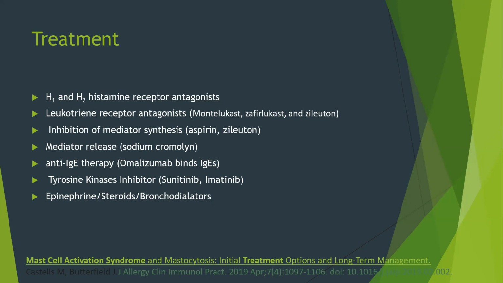And then when there is an acute situation, which frequently people for more or less no reason will have hives, develop hives or angioedema or even a full-blown anaphylactic reaction, then you want to treat with epinephrine and steroids, bronchodilator, plus everything on the list above.